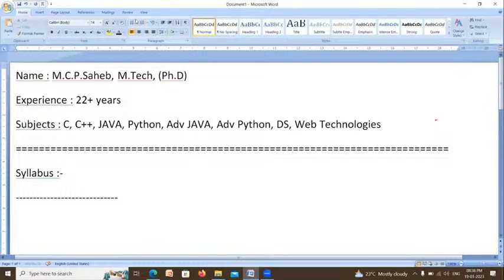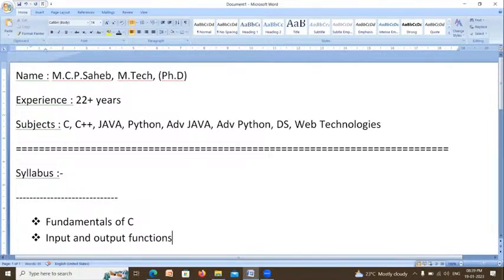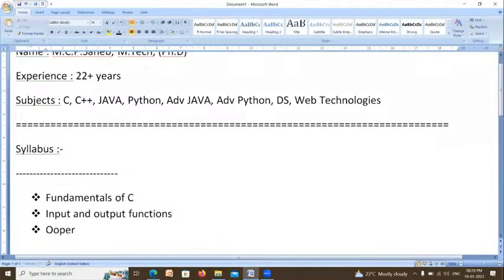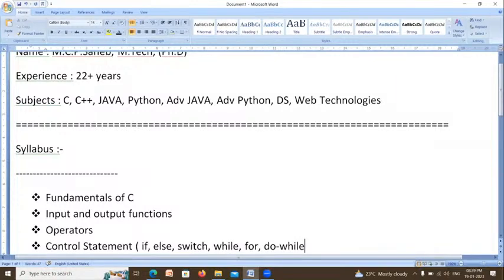I will teach you the fundamentals of C. Next, input and output functions available in C. Operators available in C. Control statements like if statement, else, switch statement, while, for, do while, break, continue, goto, like that.